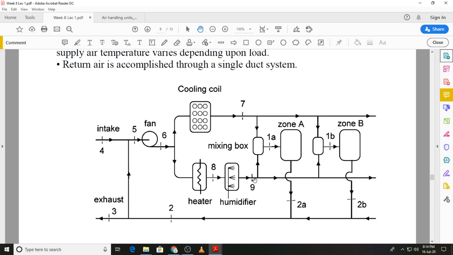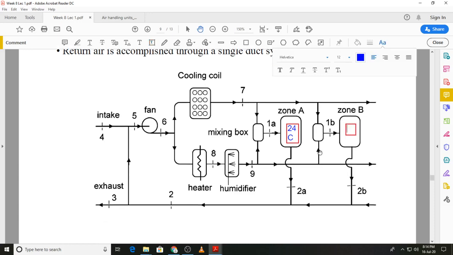We have the two zones again shown over here, and I will put in some numbers to say, let's say the temperature is so much over here, and I want a different temperature over here.